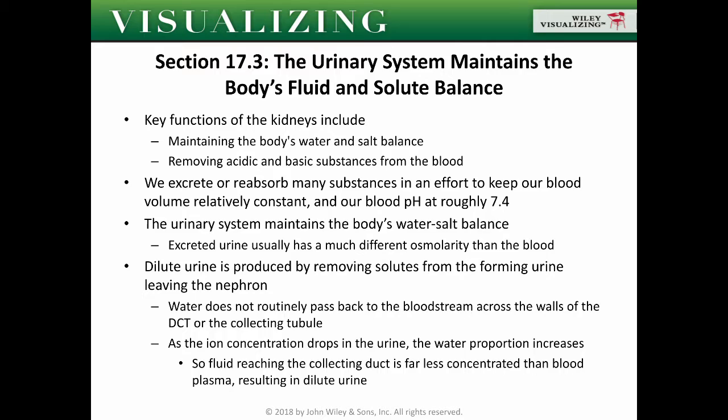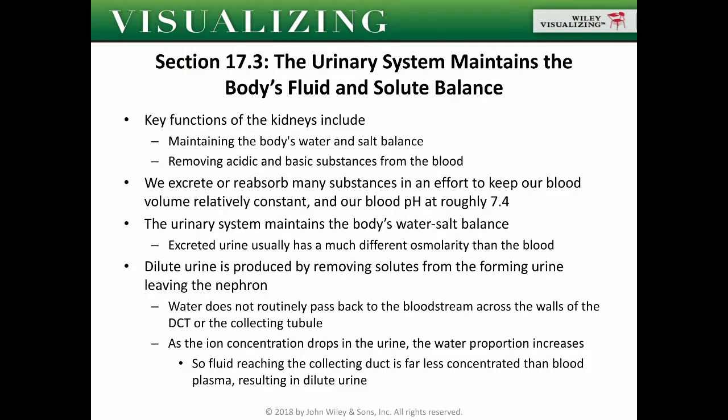So dilute urine is produced by removing solutes from the forming urine leaving the nephron. Water does not routinely pass back to the bloodstream across the walls of the DCT or the collecting tube. The water is reabsorbed in the PCT, the proximal convoluted tubule, and then the descending limb of the loop of Henle, whereas the ions are reabsorbed in the PCT, again proximal convoluted tubule, and then the ascending arm of the nephron and the DCT as well.